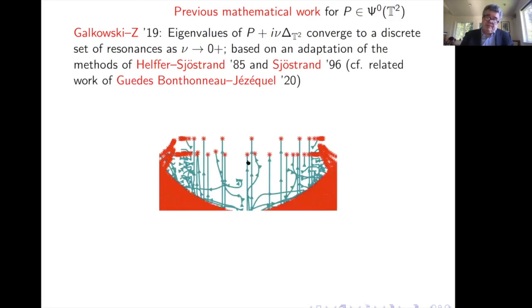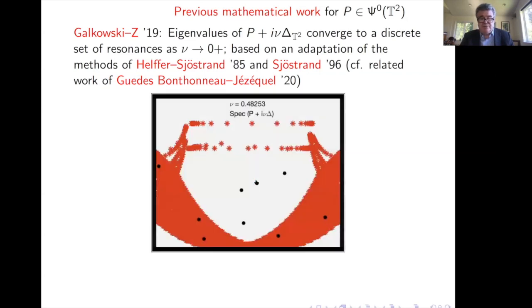So I will just show a picture. This is the real line. These stars here are embedded eigenvalues for this problem. The dynamical assumption is satisfied for lambdas here. And this is how the eigenvalues of P plus i nu Laplacian move as nu goes to 0.